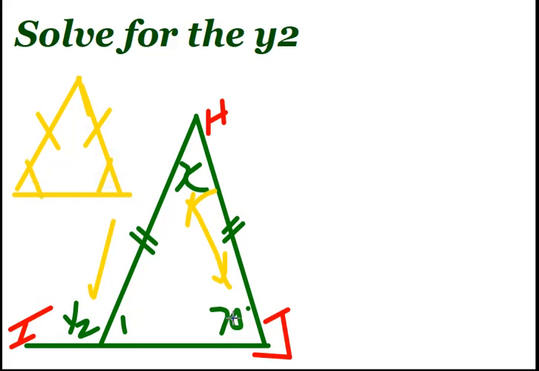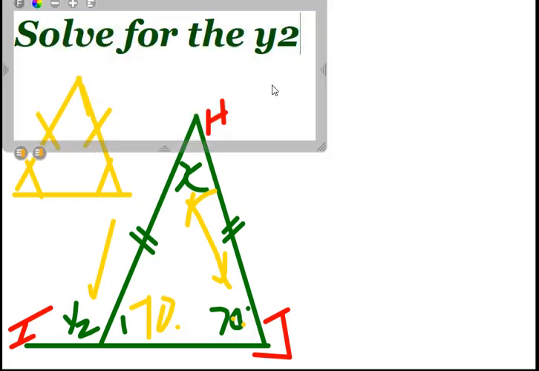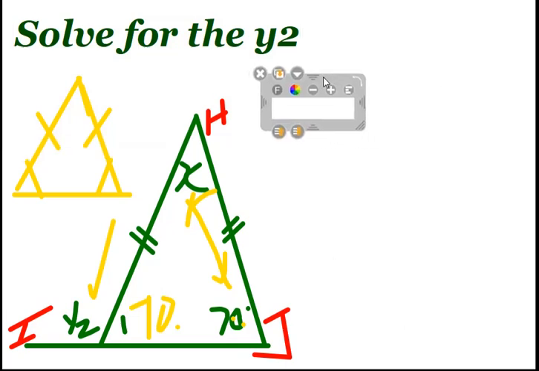So in this case, if this is 70 degrees, then that is also 70 degrees. And if this is 70 and that is 70, let's write it down. We need to practice writing it down also, not just saying it in words.